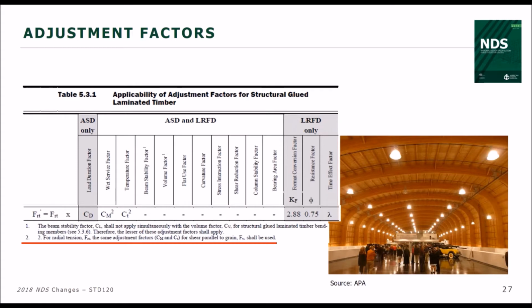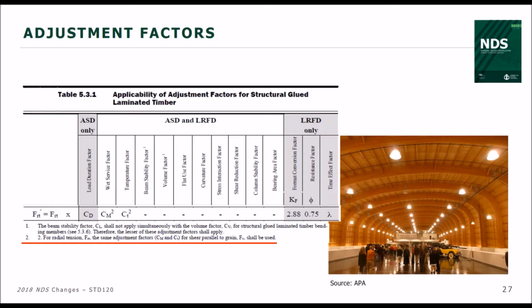Well, there's a clarification in the footnote that references that when you're looking at the radial tension, there needs to be an inclusion of the adjustment factor for wet service as well as the temperature factor. So this is just a clarification to show that those applicable factors apply when looking at radial tension.